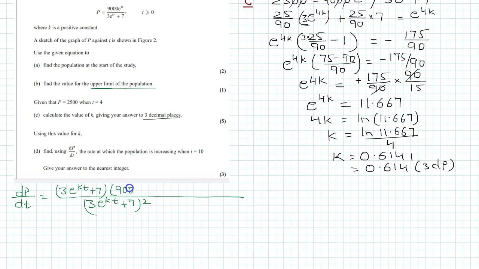So that is 9000 e to the power kt multiplied by k, minus the differential of 3 e to the power kt multiplied by k, 7 is 0, and multiplied by 9000 e to the power kt.